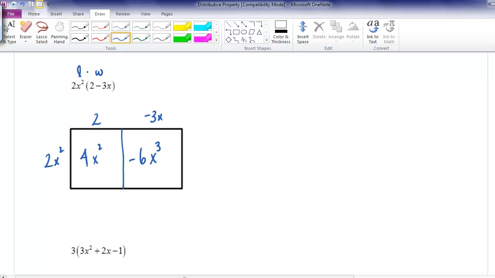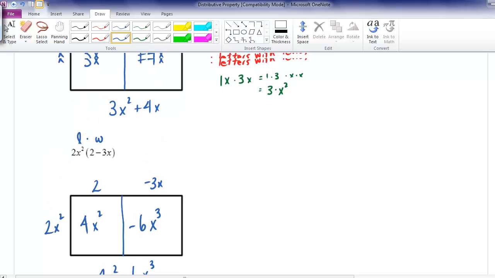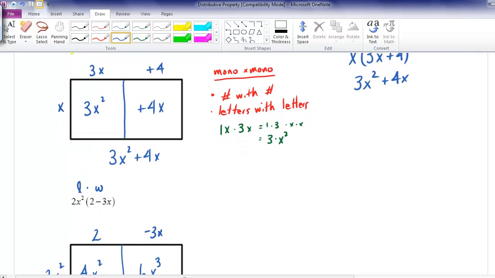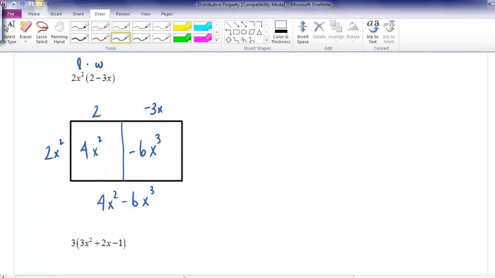And to answer the question, finally, we combine any like terms, and in this one there are no like terms, so we just leave it. Again, if we were going to do this by going fishing or whatever your teacher said, we would do as above.